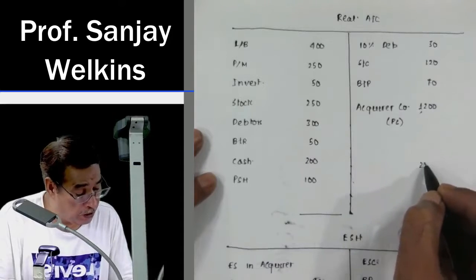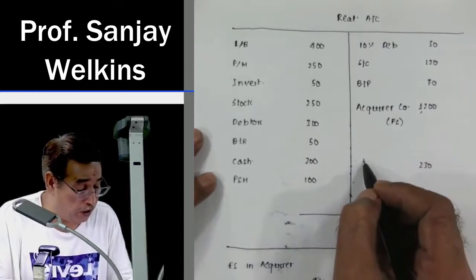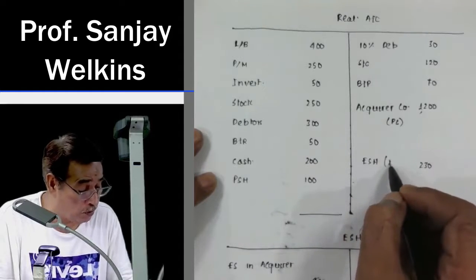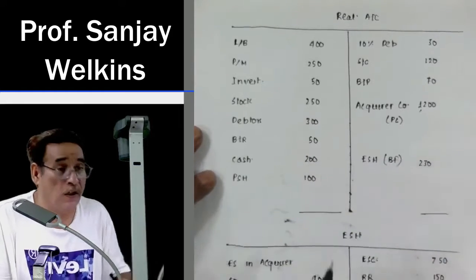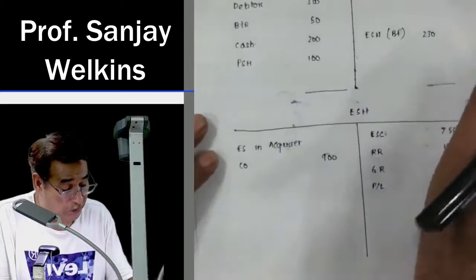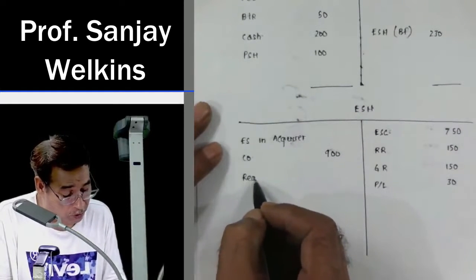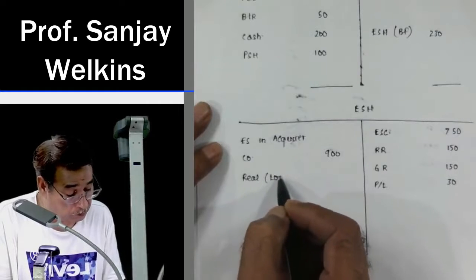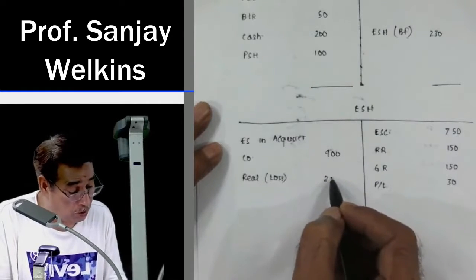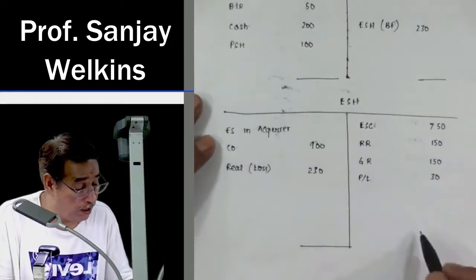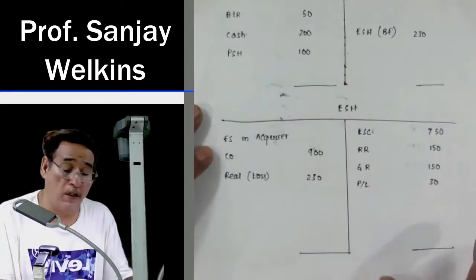And we will get a balancing figure of 230. It is a loss and loss will be transferred to equity shareholder account. Correct? And towards the debit side of equity shareholder account, I am going to write to realization loss 230. So 1130 and 1130, that is correct.